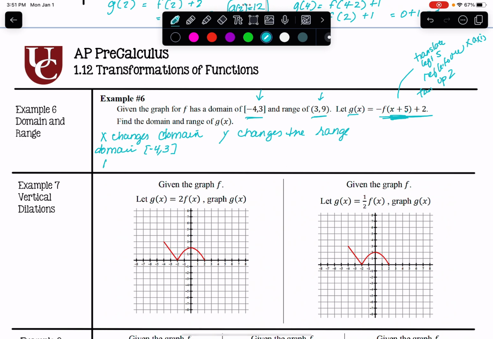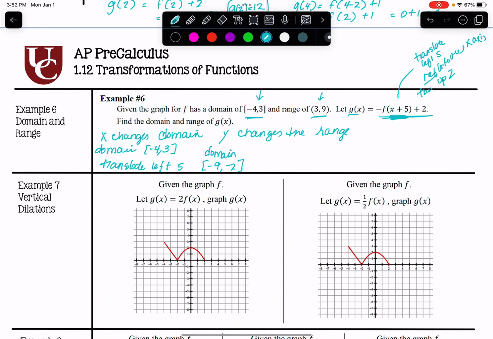So if I translate left 5, my new domain is -9, and then 3 minus 5 is -2, inclusive. All right, so this is the domain. Now let's make sure no other changes are made.